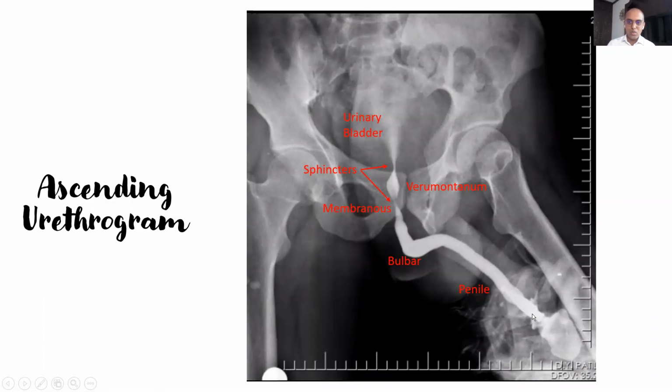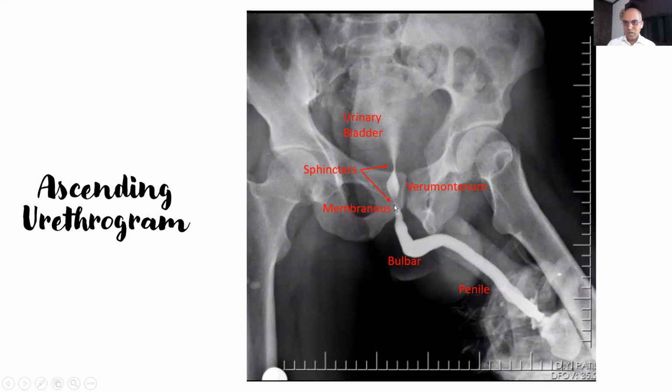This is called an ascending urethrogram. It again shows the penile urethra, the suspensory ligament holding the penis and giving it an S shape. Beyond this point is the bulbar urethra, and the inferior border of the pubic symphysis corresponds to the midpoint of the bulbar urethra, and the inferior border of the obturator foramen corresponds to the bulbomembranous junction.